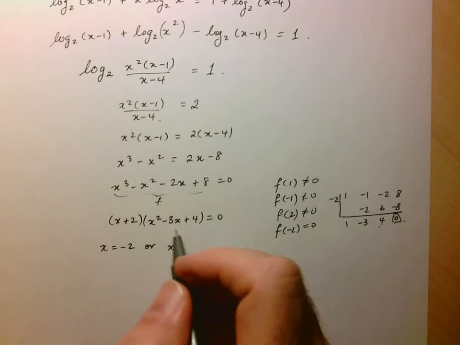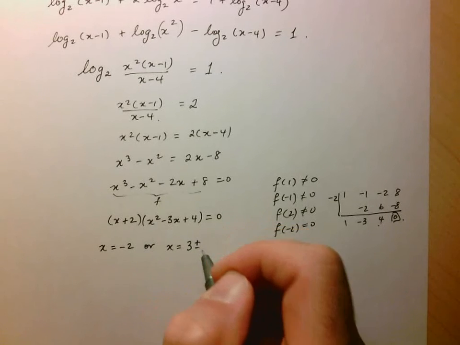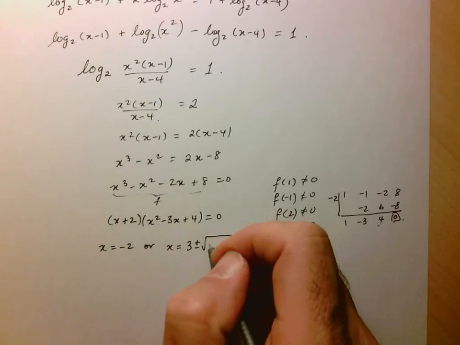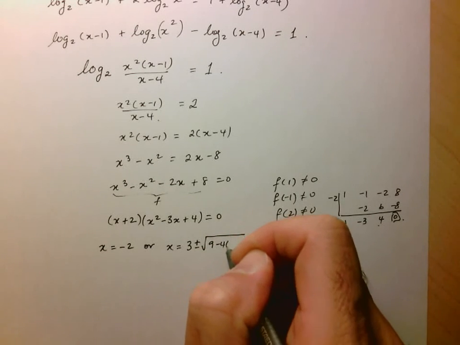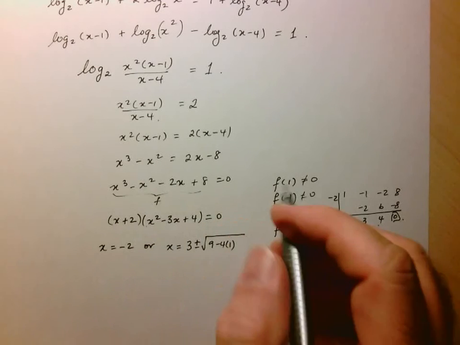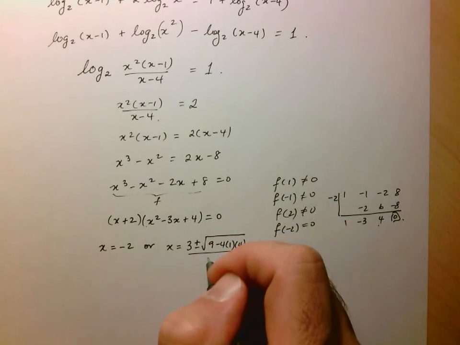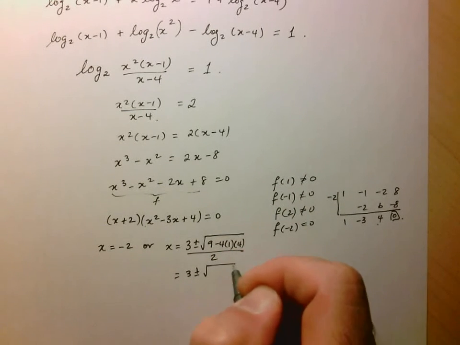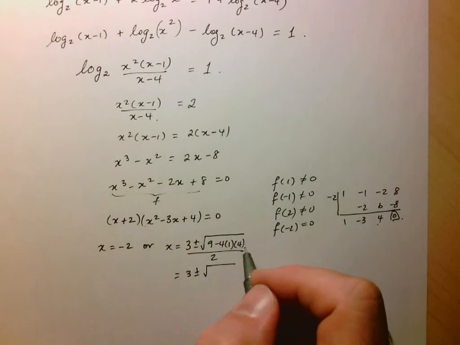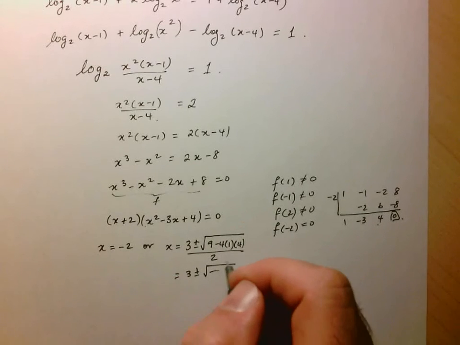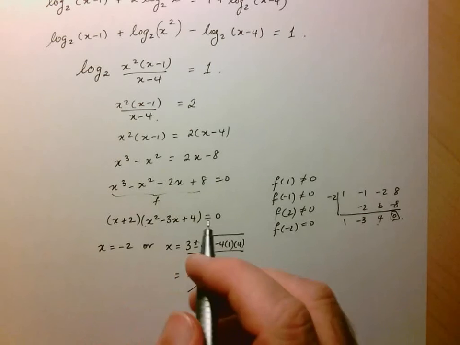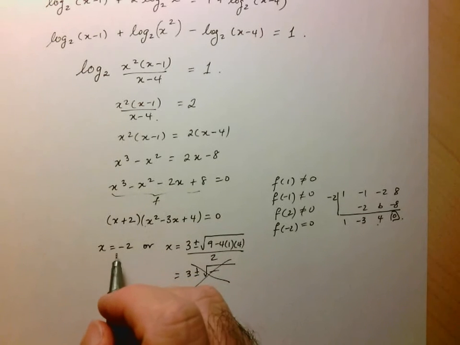So x is equal to negative b, so 3, plus or minus the square root of b squared, so negative 3 squared is 9, minus 4 times a, which is 1, times c, which is 4, over 2. That's 3 plus or minus the square root of 9 minus 16. That's going to be a negative number, so there are no solutions that come from this second portion. Our only solution to come out of this cubic is negative 2.